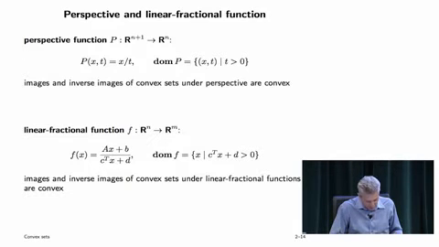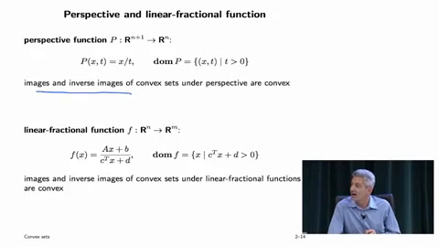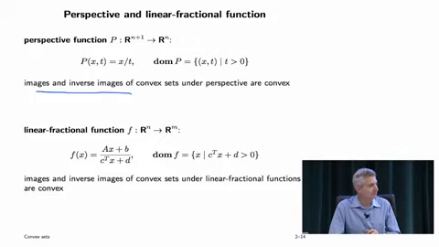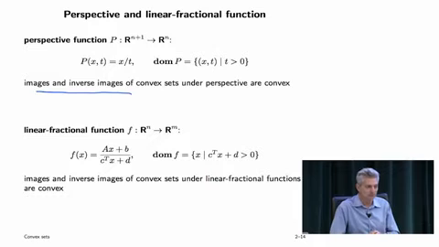So, okay. So it turns out forward and inverse images of convex sets under the perspective mapping are convex. And that is not obvious at all. Okay, it's true. It's not hard to show. Like I said, instead of 2 lines, it's 4. Okay, but it's not obvious, right?